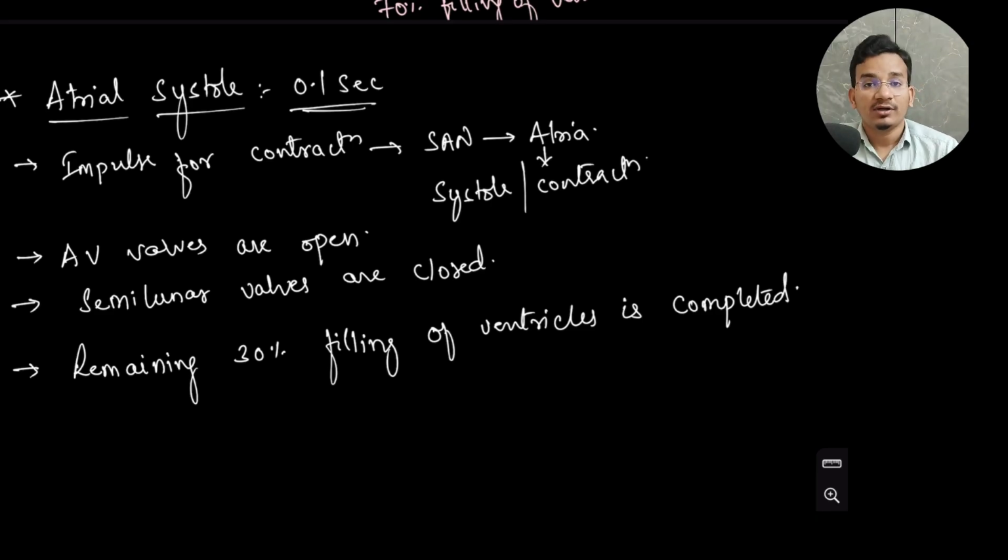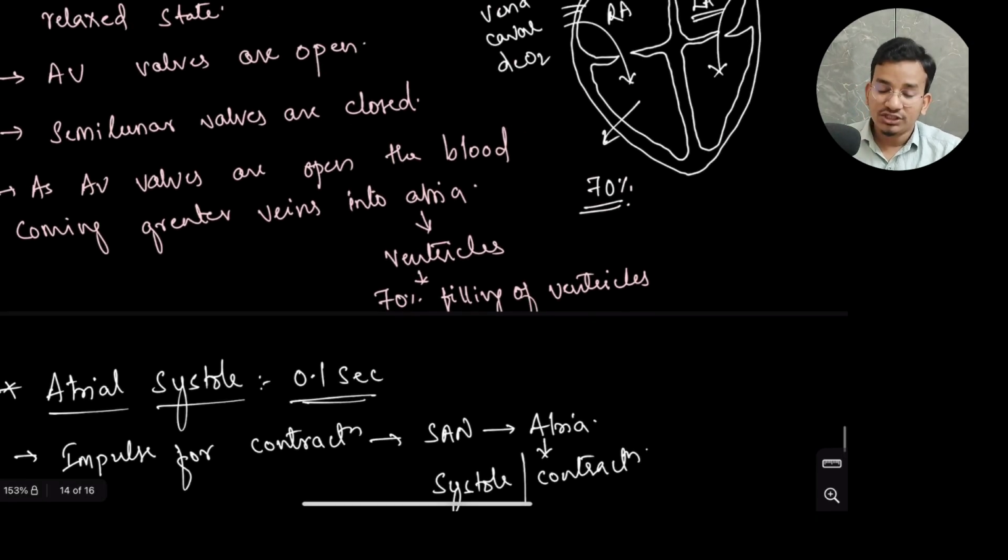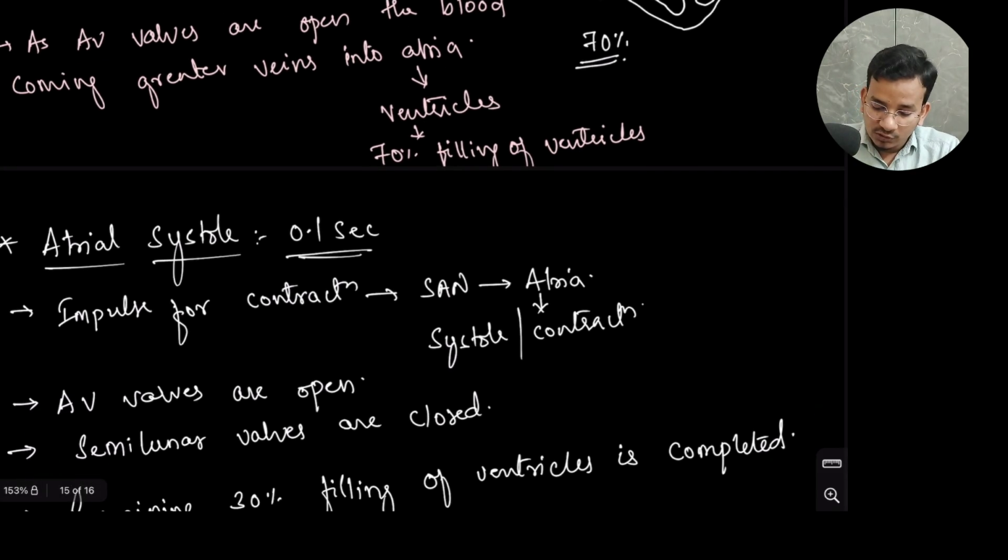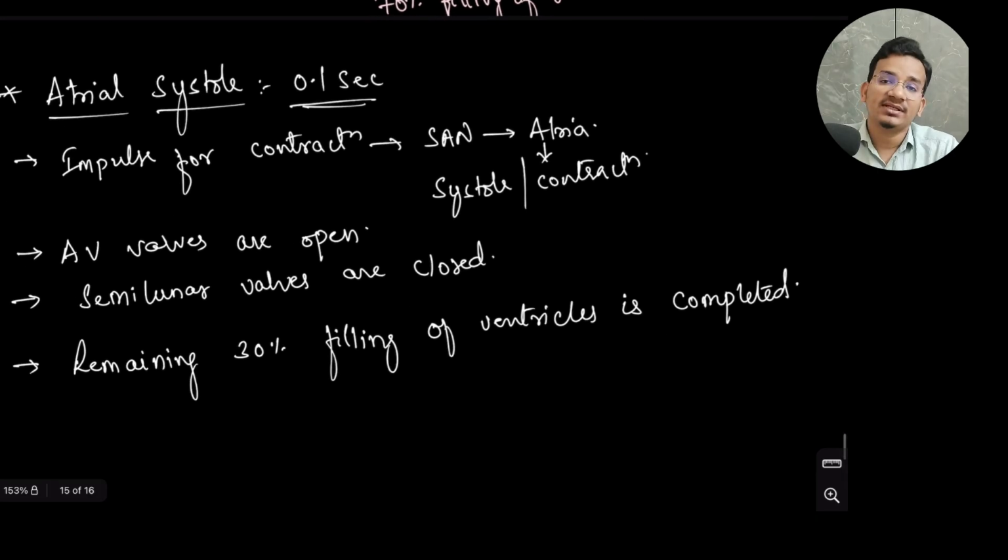So 30% is completed in the atrial systole. Now you can see here, in joint diastole the ventricles get filled with about 70%. Now the remaining 30% is filled due to the contraction of the atria. So this is about the atrial systole. Okay, any doubt? I think you are not having any doubt. If you have, you can ask.